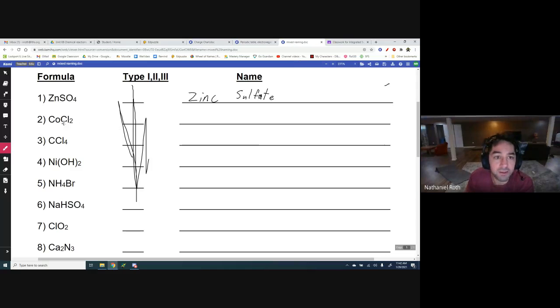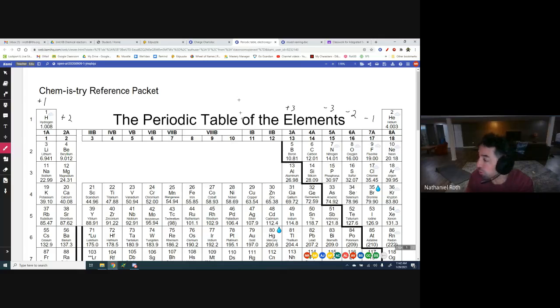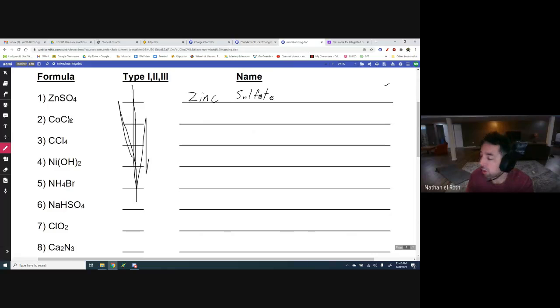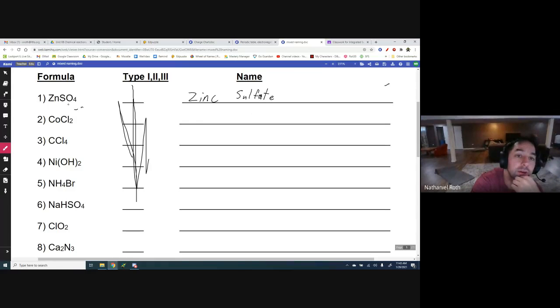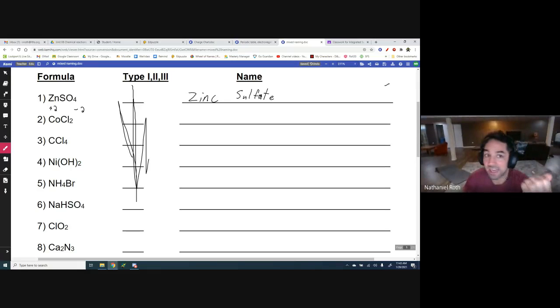So we're going to identify the second part, Cl. Cl is chlorine, which, since this is an element, we are going to replace the ending with IDE. So it's going to be chloride. And it is -1. Now, since there are 2 chlorides, that means we have a total negative charge of -2, which means we need a positive charge of +2 to balance that out.